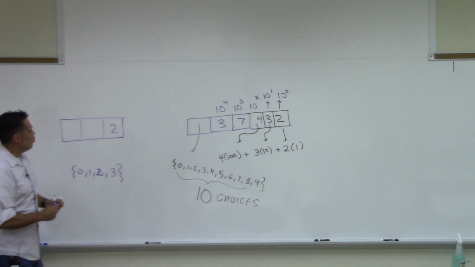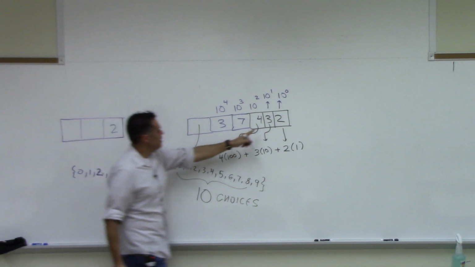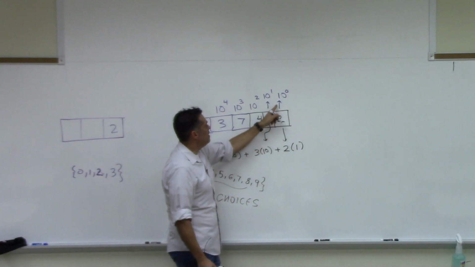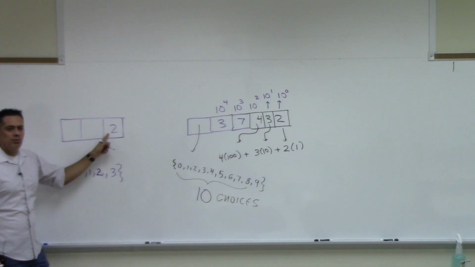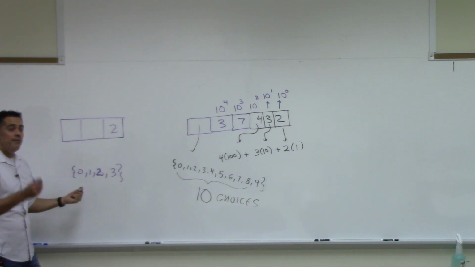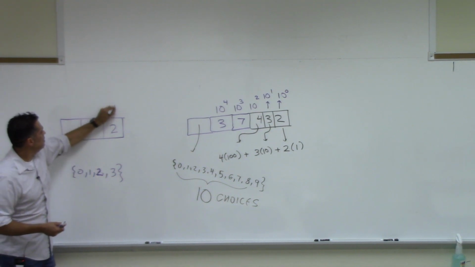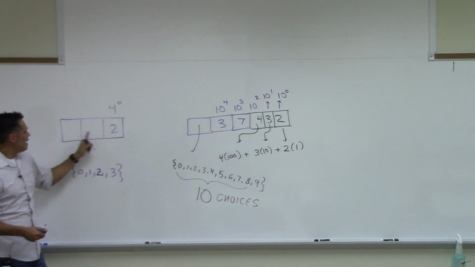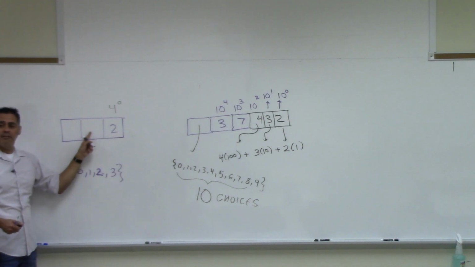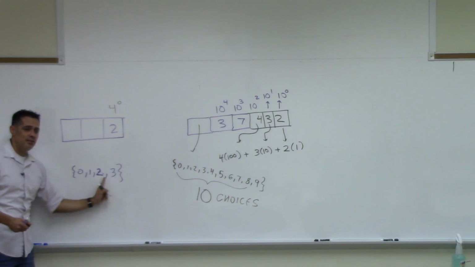Any guess as to what, like here, we plugged in a 2 here, right? This told us how many 10 to the 0s we have. What would this be telling us? We have 2 whats? 4 to the 0s. Because how many options do we have? 4. Now I could plug a number here. Could I plug 7 in here? No, 7 does not exist in this universe.